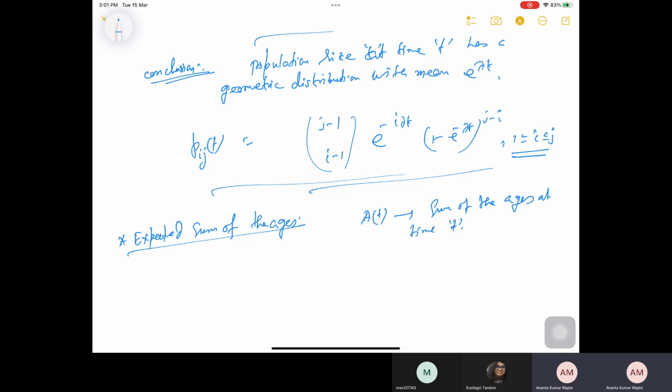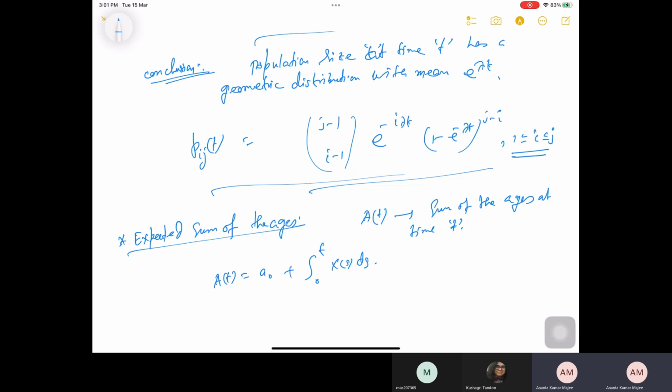So how can I think of my A(t)? Then A(t) is nothing but A0, the age of the initial individual at time t equal to 0, plus the integral from 0 to t of X(s) ds, which gives you the age. Here X(s) is the number of the population at time s, and now I am integrating from 0 to t.